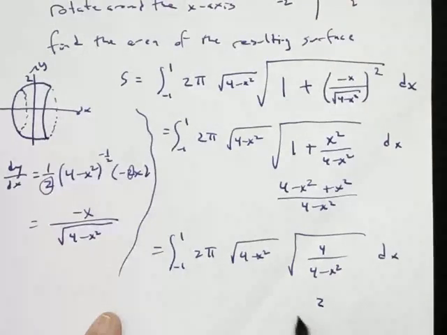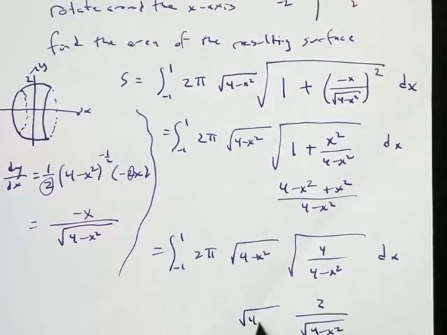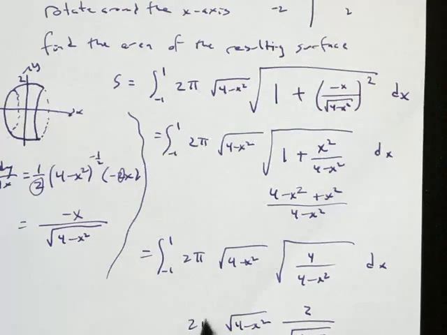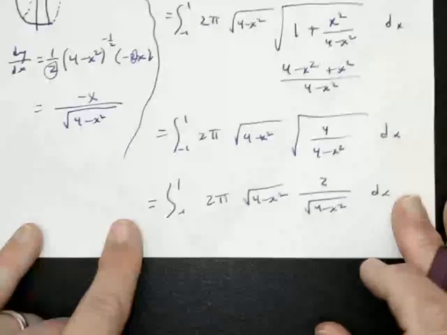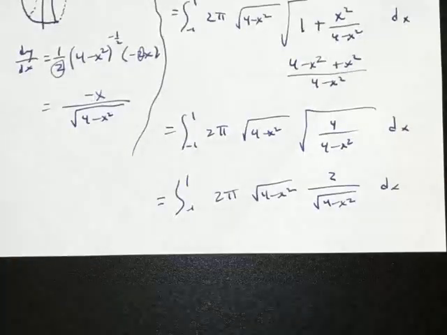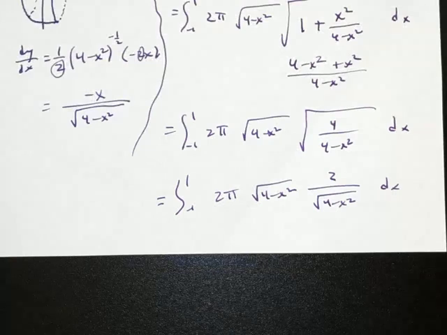So that becomes 2 over root 4 minus x squared. And yes, the square roots cancel perfectly. Like I said, rigged as hell.